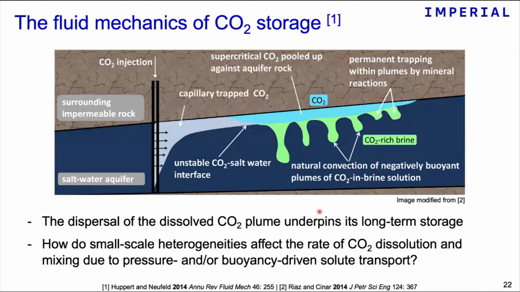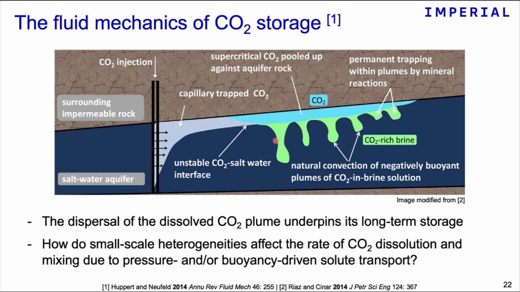Now, going back to the cartoon with which I started, we have now discussed the multi-phase flow aspects of CO₂ migrating into the reservoir, but another important physical process that takes place is that CO₂ dissolves in the brine, right? This is a key mechanism for the long-term storage of the injected CO₂.